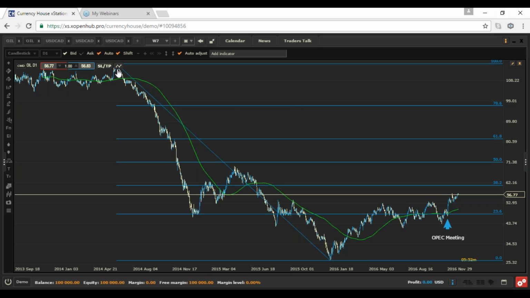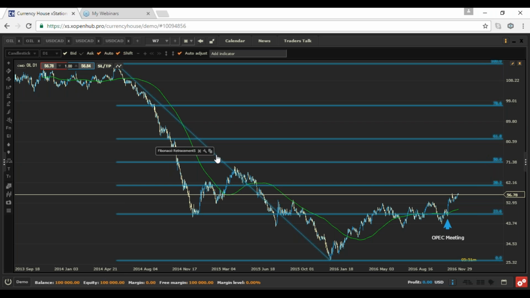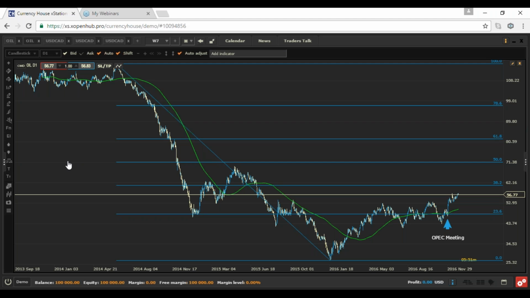You can see here a huge movement on the downside from April of 2014, and this thing is the Fibonacci retracement levels. It's a very important thing for technical analysis. I won't tire you by explaining the details of it.